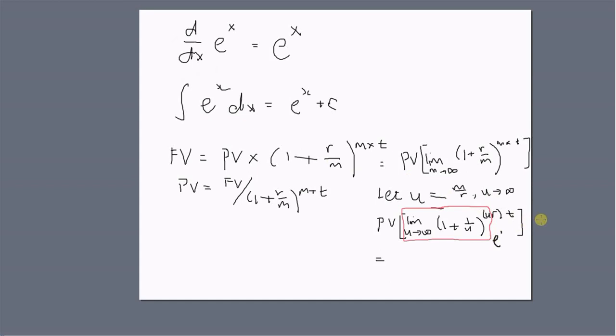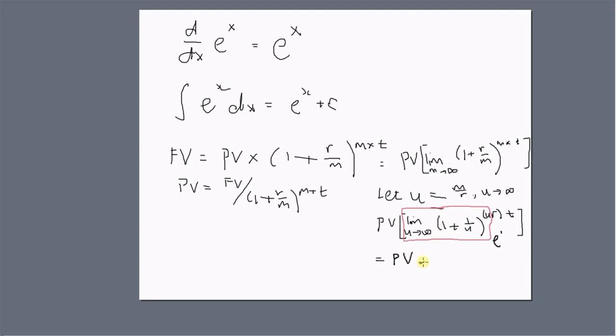So if you are interested, you can go and put it into Excel with a very large u, and you can see that this will result in a number which is very close to e to the power of 1. So let's say if we put u equal to 10 million, it will be almost exactly equal to e to the power of 1.